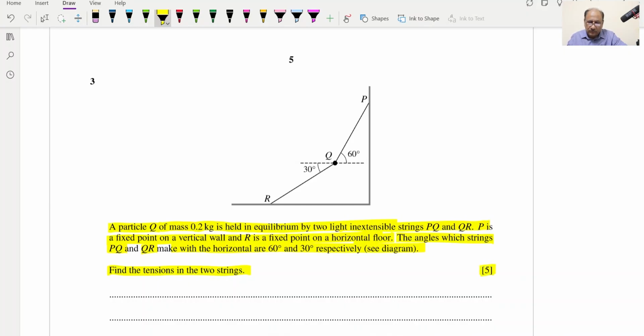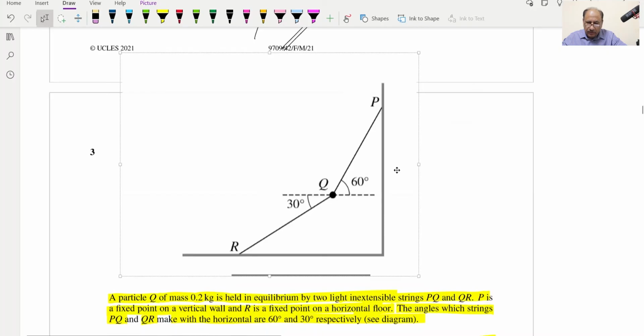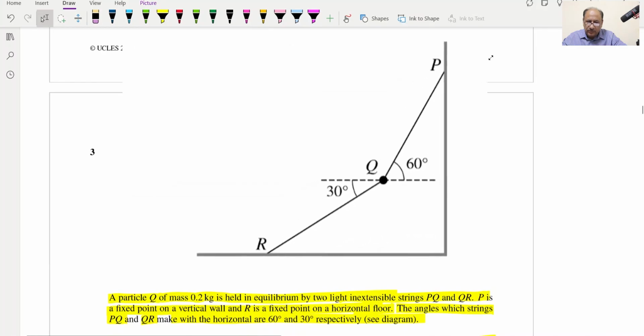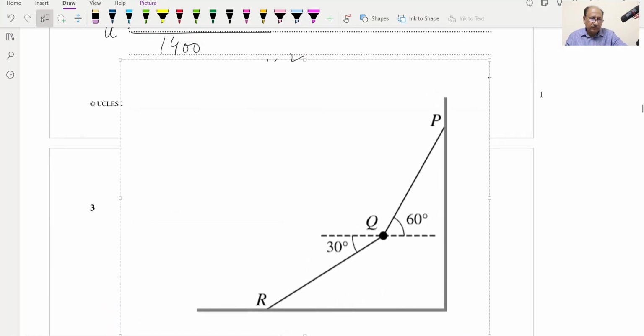This is a 5-mark question. To better understand, I'm just using this enlarged drawing so that we can better understand the concept. And this is the drawing which I'm using. It's the same drawing at a bigger scale, so you can see this one. If we draw the components, basically the y component will be upward.